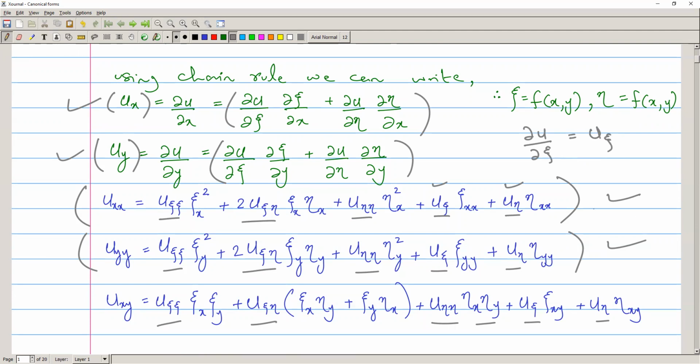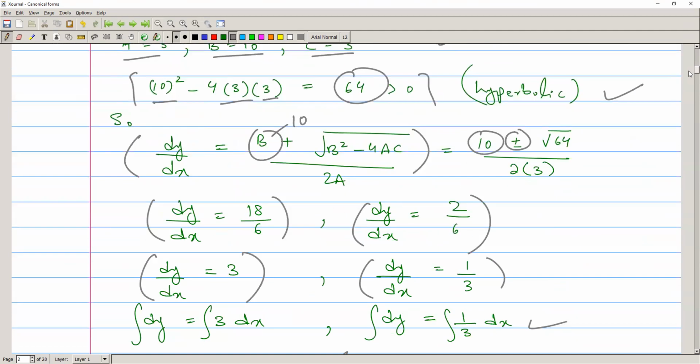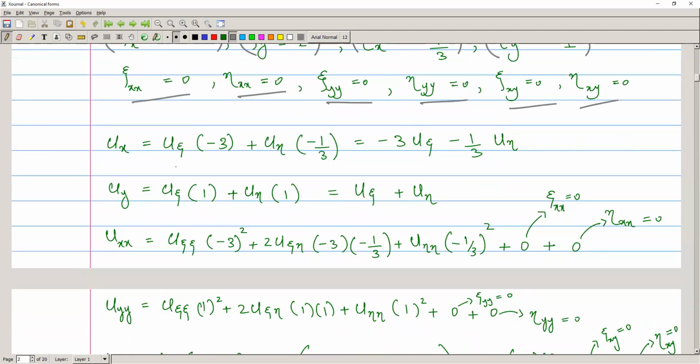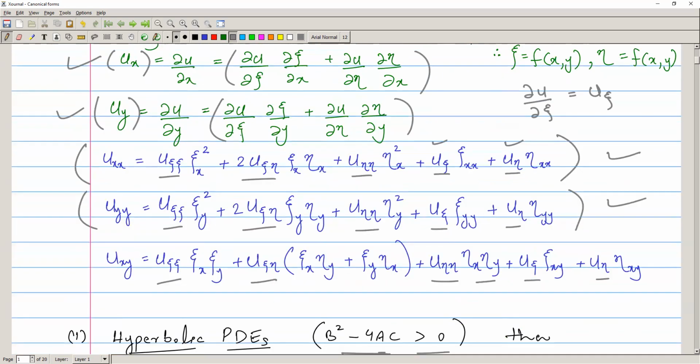And similarly, this partial u over partial eta can be replaced by only u eta. So here we have u psi times psi x. We put the value of psi x, that is found to be minus 3, and here is u eta times minus 1/3. What we are doing in this step is just putting the values of psi x and eta x into this equation.